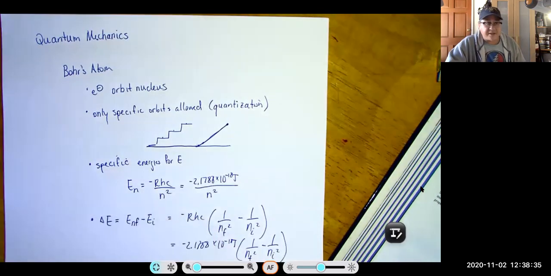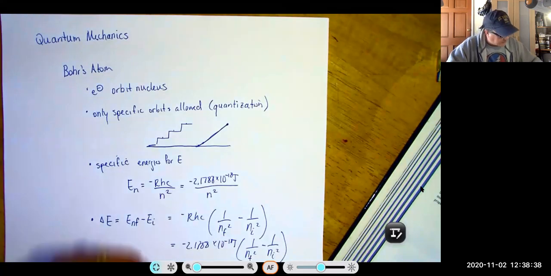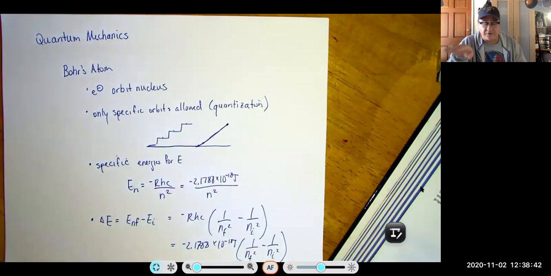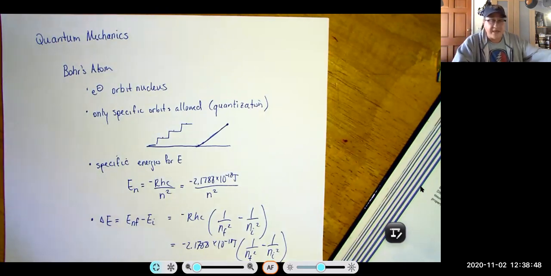And you want to keep track of the sign when you're doing these calculations, because if you have a negative sign, that means energy is emitted as a photon. And if this is a positive, it means energy is absorbed from a photon of that energy.